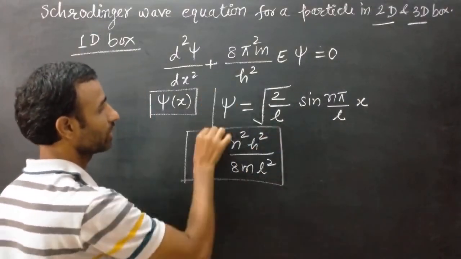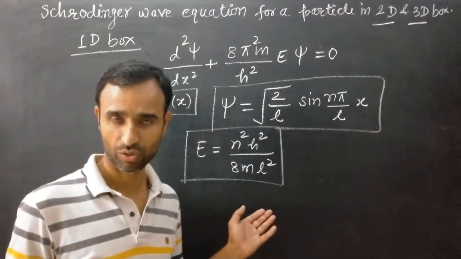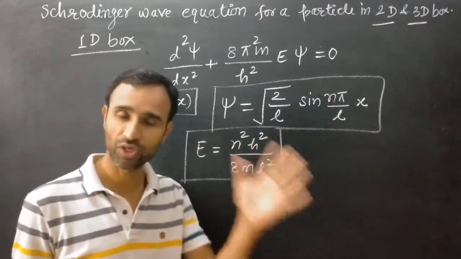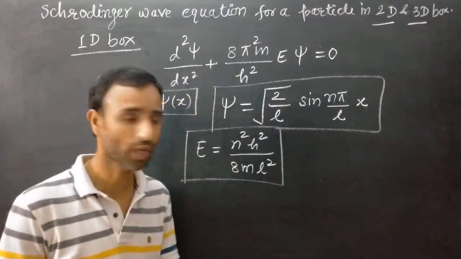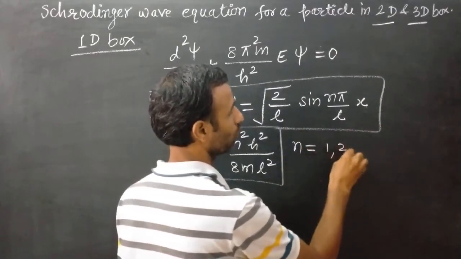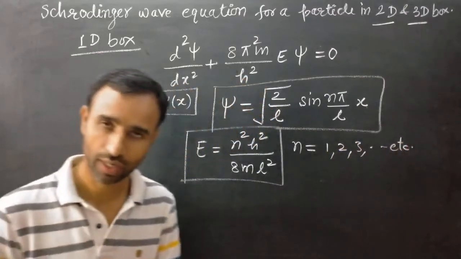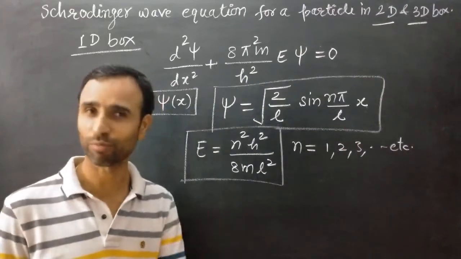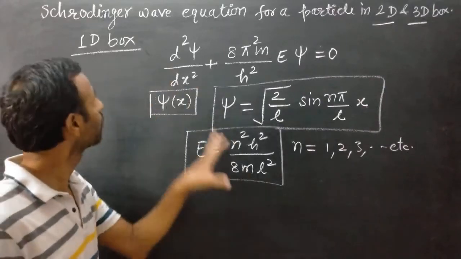This is the relation we have determined from the 1D box. That video you can watch. Here n is the quantum number, equal to 1, 2, 3 and so on, only whole numbers, or we can say natural numbers, because 0 is not included. So this is for 1D box.